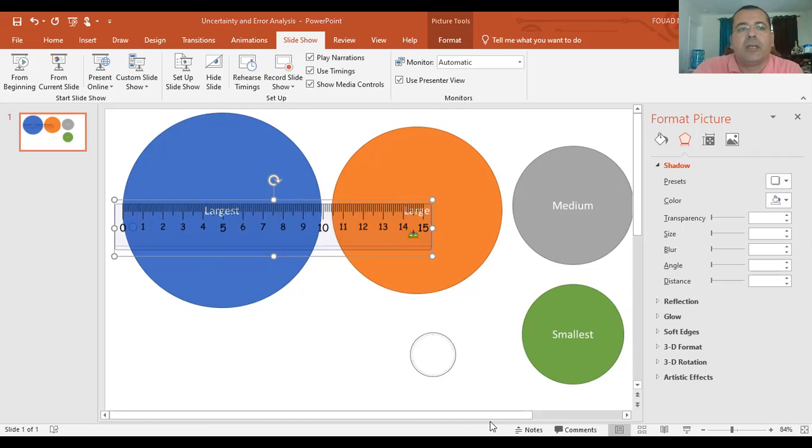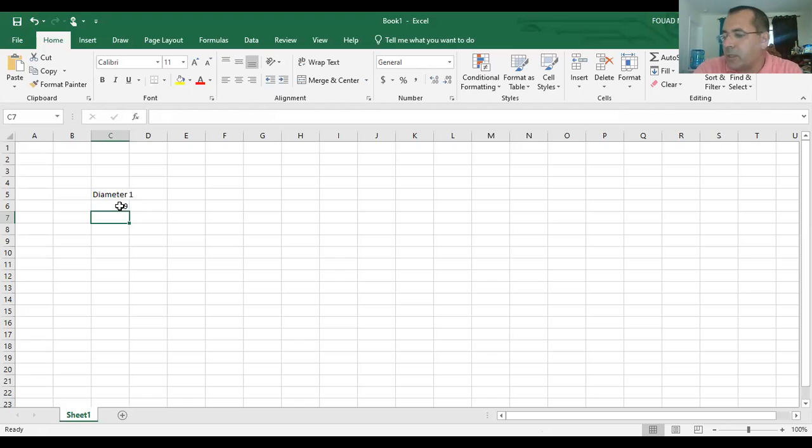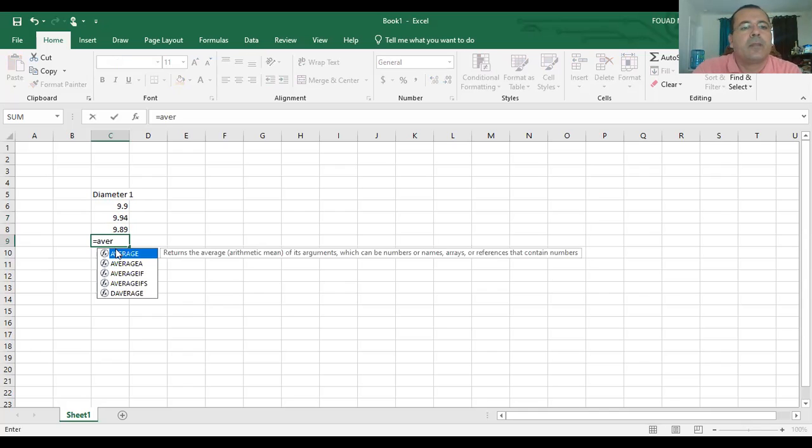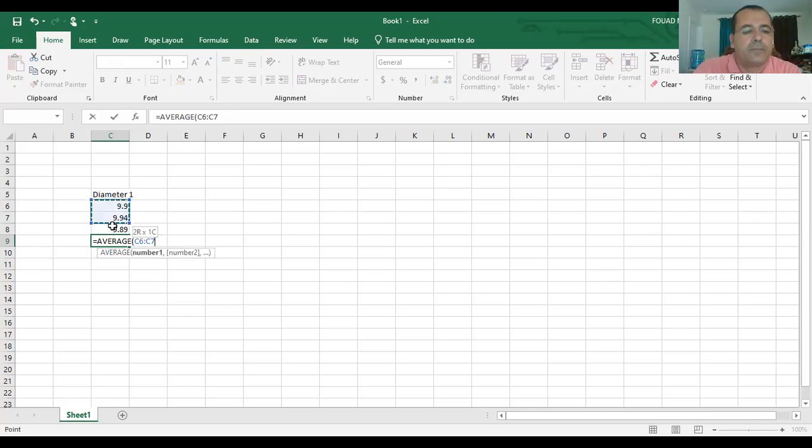I have to switch to the Excel file. So let me share this with you. This is the Excel file, and this is how to do it. The first reading is 9.9, the second reading is 9.94, the third reading is 9.89. Then enter, just punch equal, average, and take the 3 readings, then close and enter.